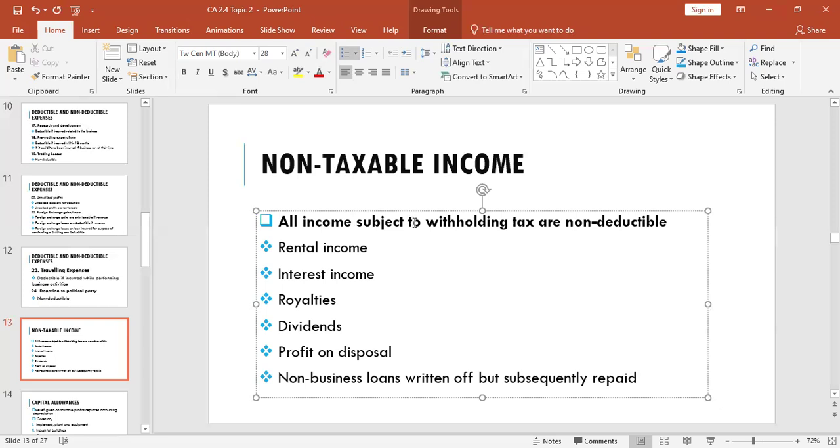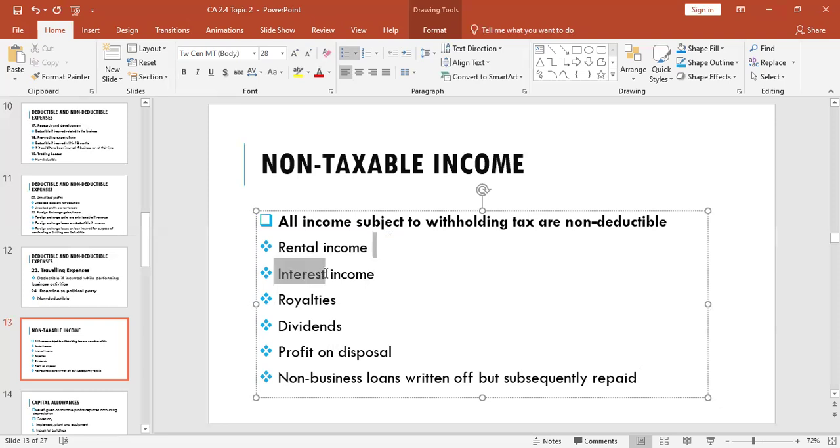So all incomes subject to withholding tax are non-taxable. We've got rental income, interest income, royalties, dividends, profit on disposal, and non-business loans written off but subsequently paid off.